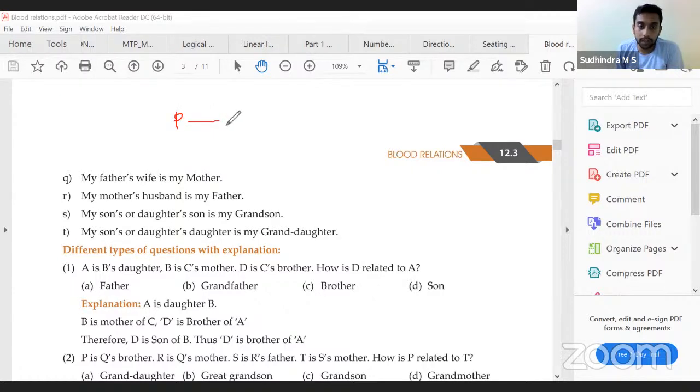P is Q's brother. So P and Q siblings. So P is male. R is Q's mother. So R is female. R is the mother. S is R's father. So S is male.